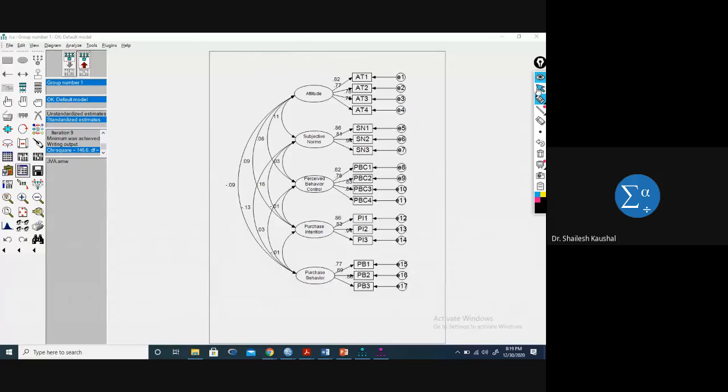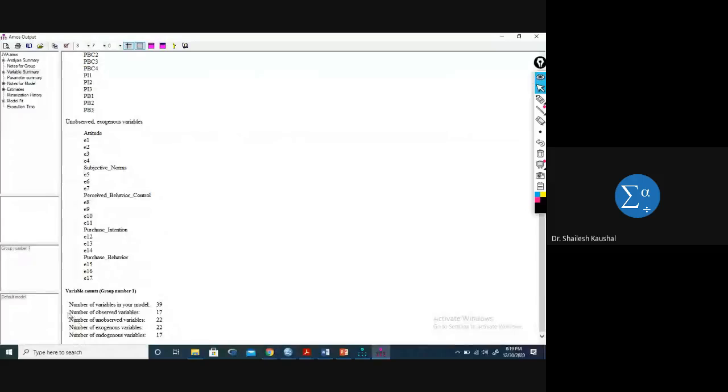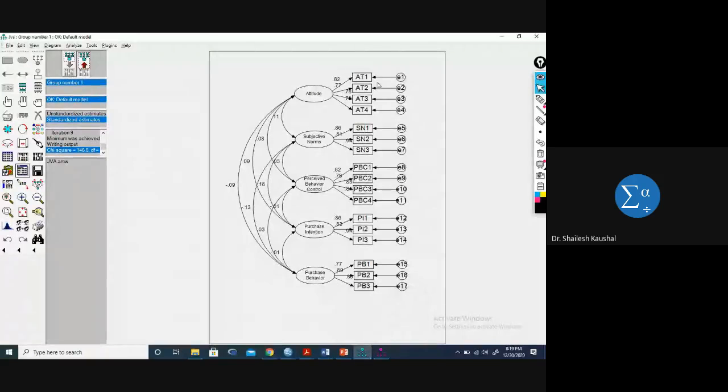Now, the number of observed variables. 17 is the number of observed variables. Observed variables means the number of questions. These are the 17 observed variables.